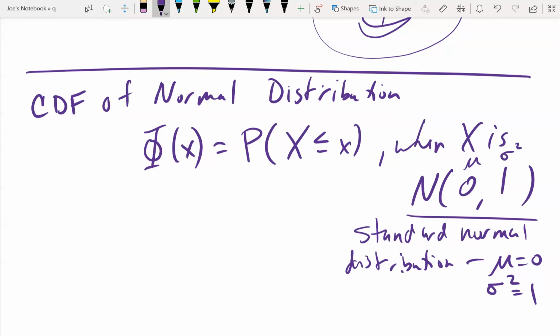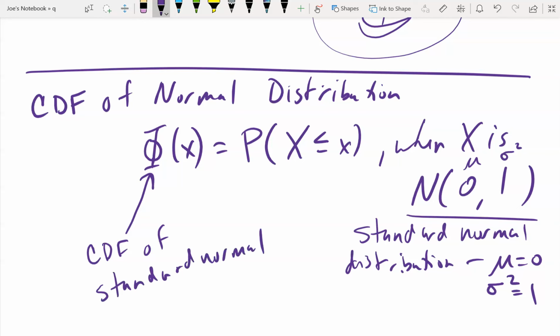So when I say the CDF of the normal distribution, really what I'm talking about is the CDF of the standard normal. And when you look at your table in the back of the book, those are all values that correspond to the CDF of the standard normal distribution. That's the only thing you need, because one of the first things you do is convert the normal distribution over to the standard one.